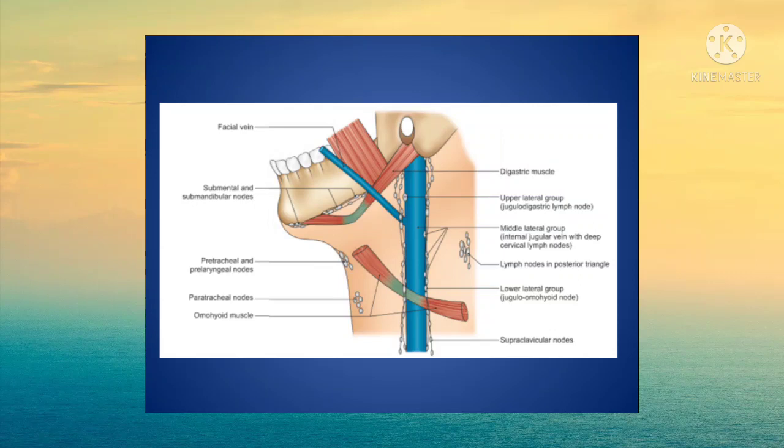One of these nodes lies in the S-shaped bend of the facial artery at the lower border of the mandible, which is crossed superficially by the mandibular branch of the facial nerve.